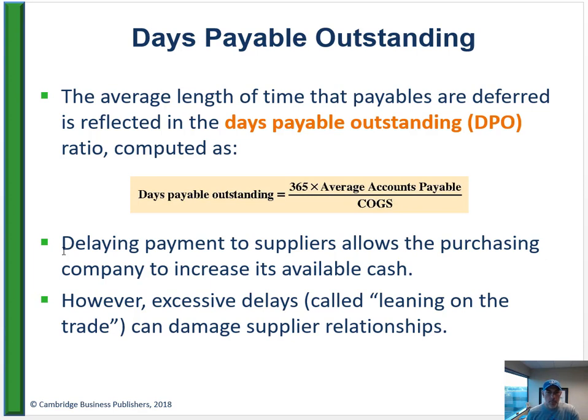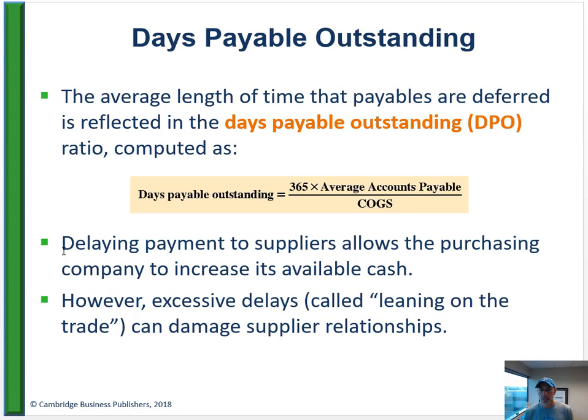So we need to be able to balance the delayment of payment. We want to pay as slowly as we can pay without any secondary effects. So we're balancing the delaying payment to suppliers because that allows the purchasing company to increase its available cash, but we have to balance that against damaging those relationships with suppliers.